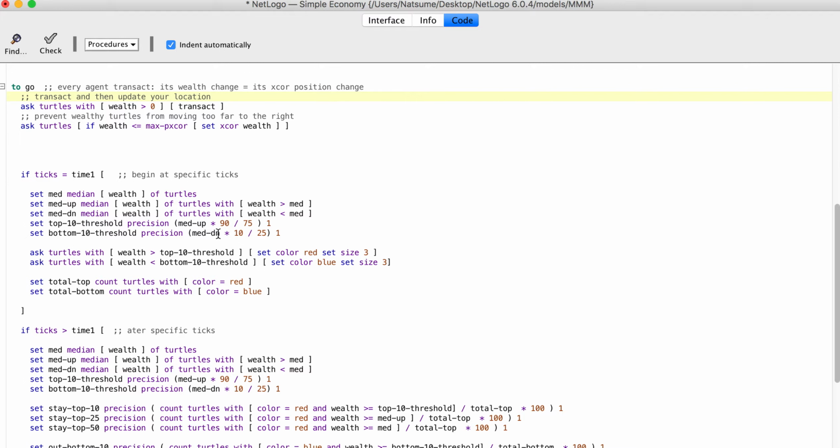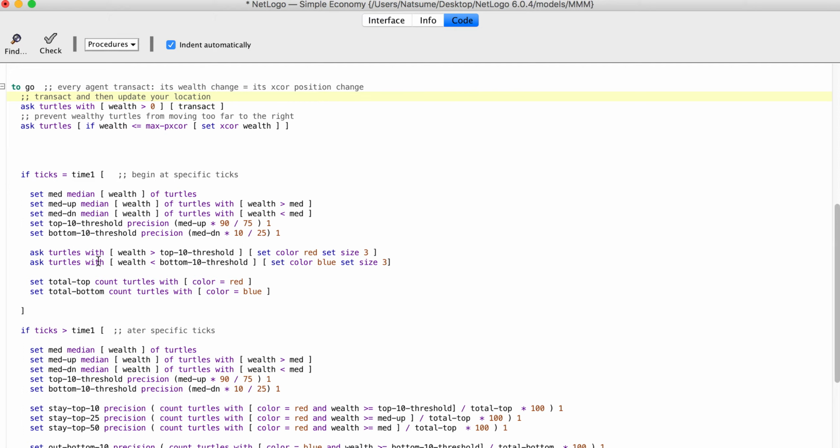And we use Matt down, multiply 10 divided by 25, we can get the bottom 10% wealth threshold. Okay, so now we have all these thresholds: the median of the whole population wealth, the top 25 threshold, the bottom 25 threshold, the top 10 threshold, the bottom 10 threshold.